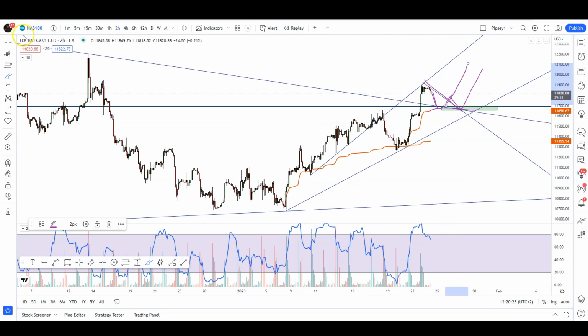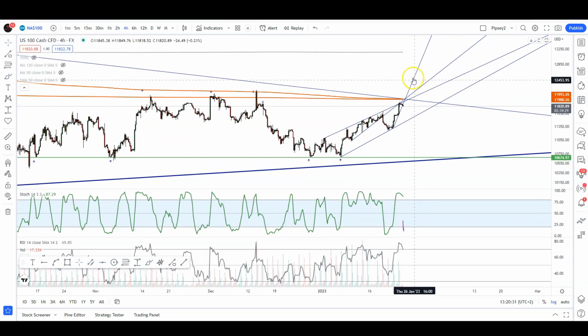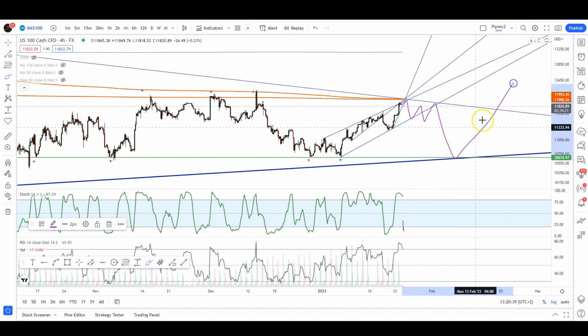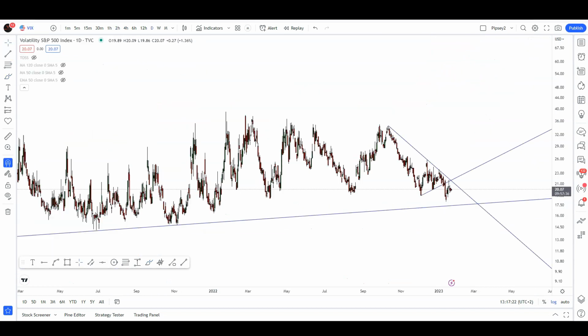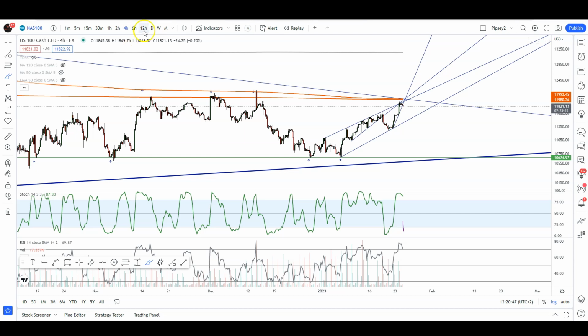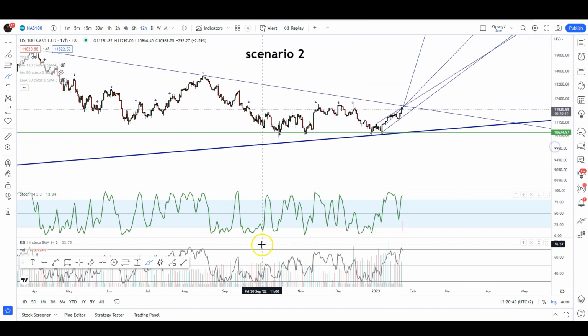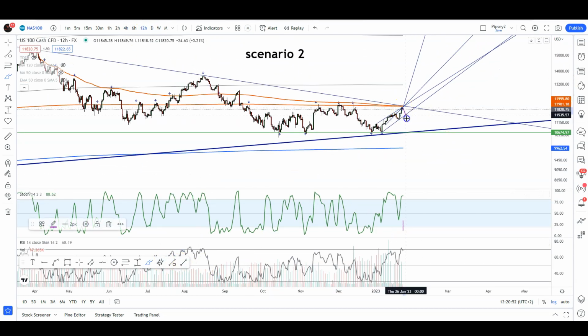I will then also consider this scenario playing out. Could take us a while. Because my thing is, if we don't push through the support, right?